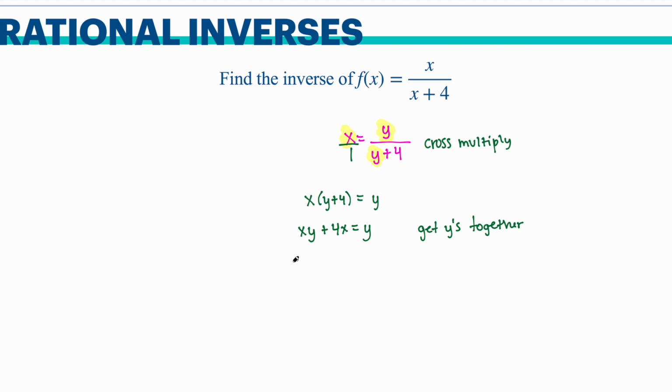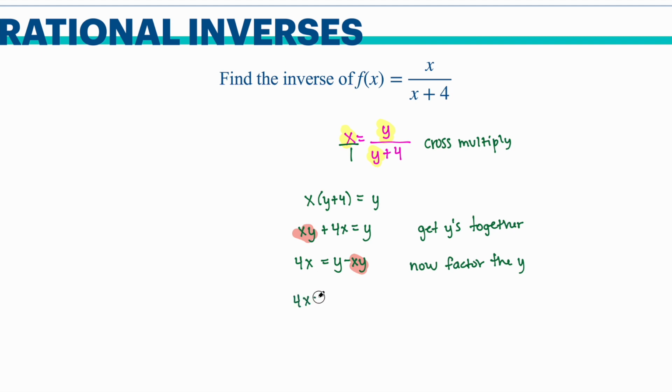So I'm going to subtract. So 4x is going to stay over here, and I'm going to subtract xy from here to here. This xy needs to come to this side. Okay? Now you are going to factor the y. You will always be able to do that.